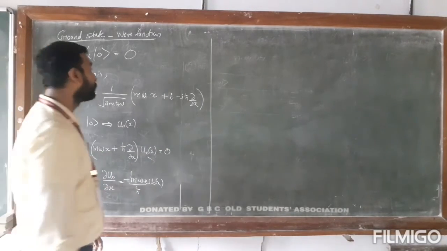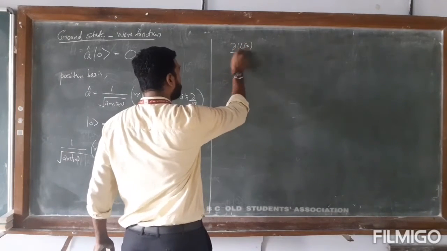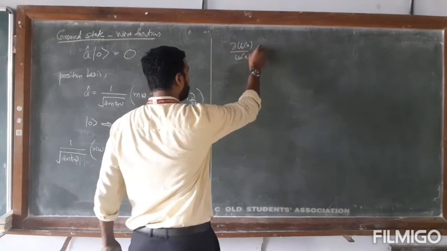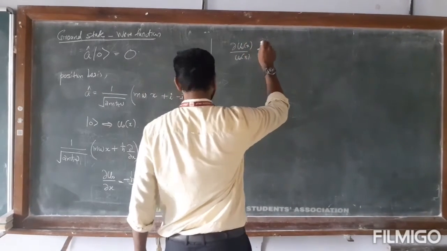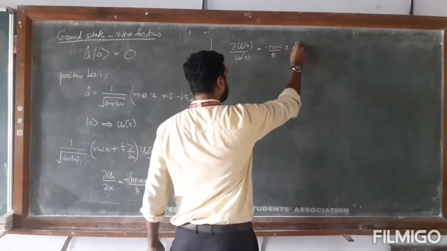That's correct. Then ∂u0 of x by u0 of x becomes minus mω by ħ x dx.